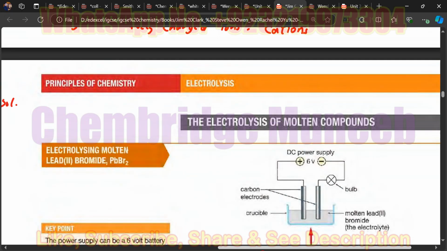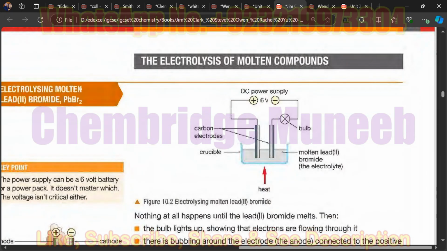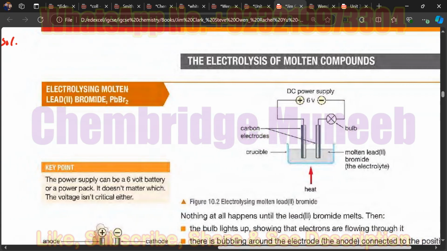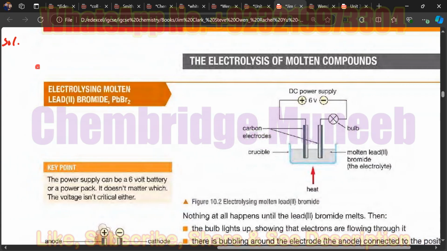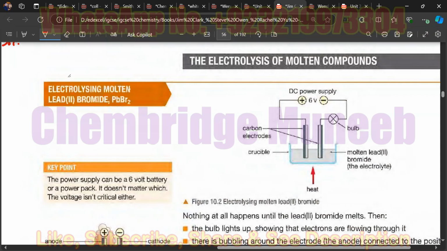Now, here is a real picture of an electrochemical cell. There are two types of electrochemical cells.